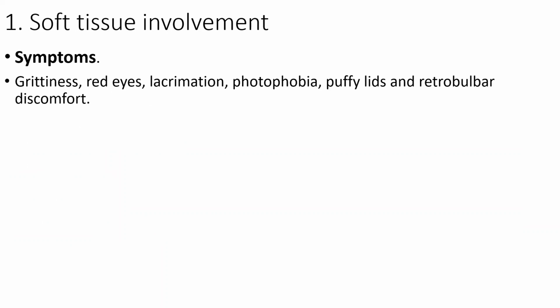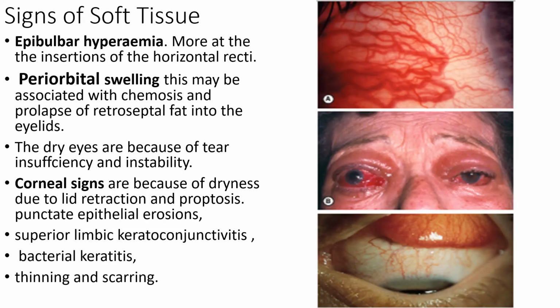The symptoms of soft tissue involvement are grittiness, red eyes, lacrimation, photophobia, puffy lids, and retrobulbar discomfort. Signs of soft tissue involvement are epibulbar hyperemia, which is more at the insertions of the muscles.